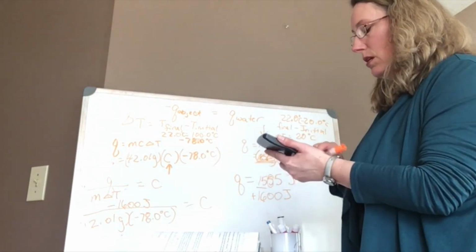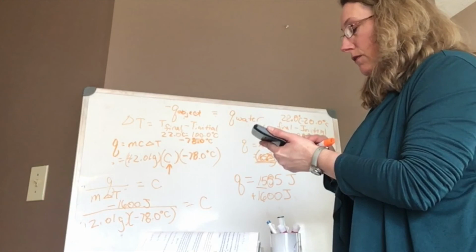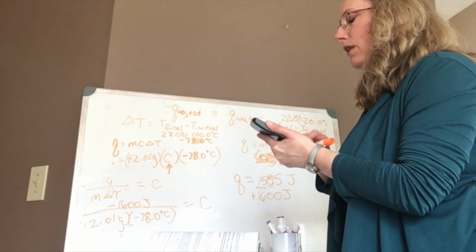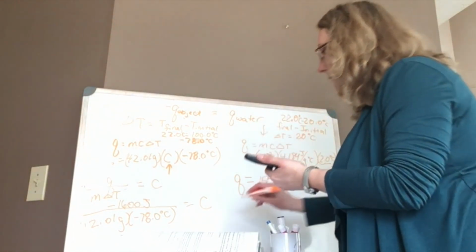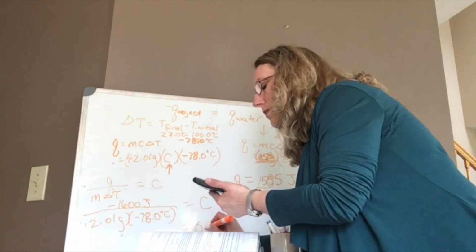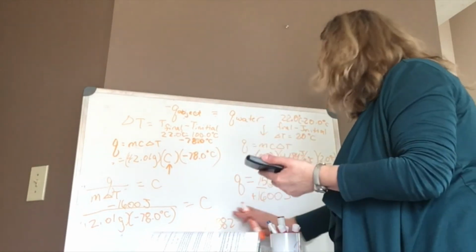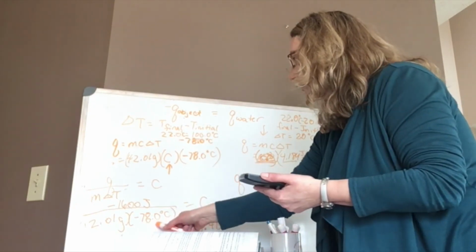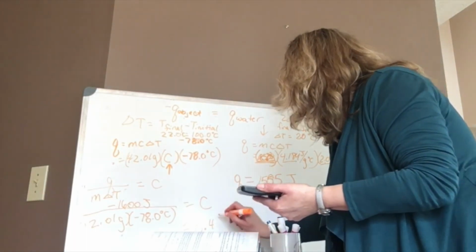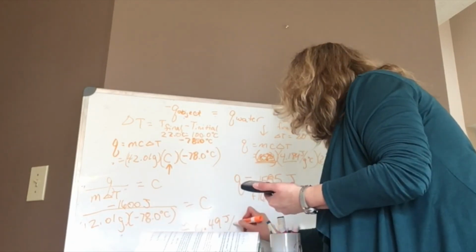So I'm going to do 1600 divided by parentheses 42.01 times negative 78 equals, so I'm going to get a C of about 0.4882, I guess 0.4883. I only get 2 significant digits, so 0.49, and it should be joules per gram degree C.